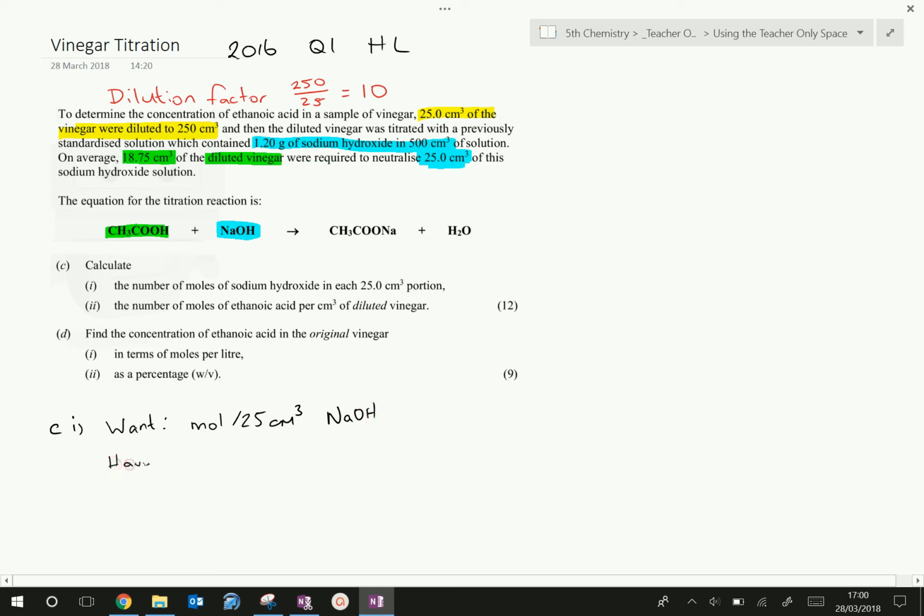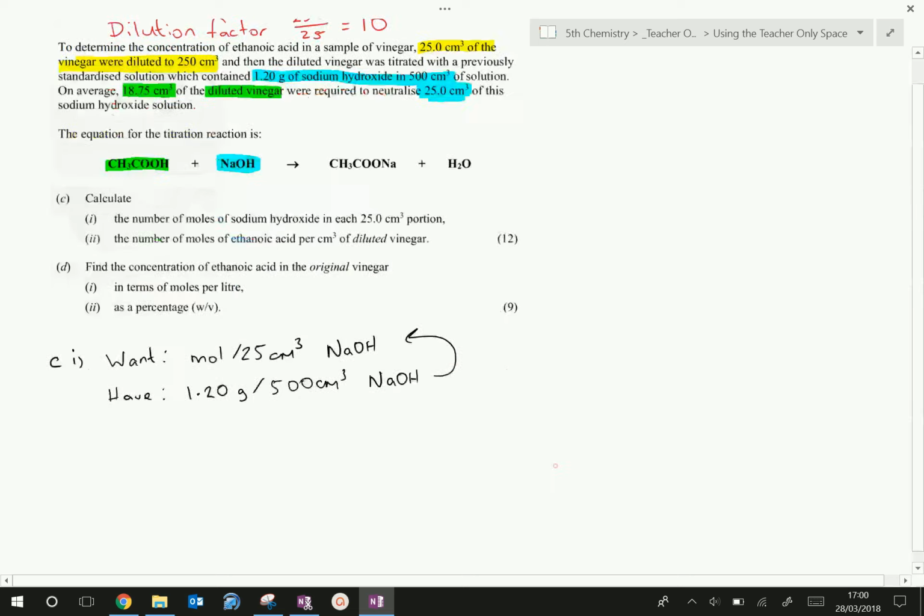What I have, up above in the blue, is 1.20 grams per 500 ml of sodium hydroxide. So I need to convert grams in 500 ml into moles in 25 ml.